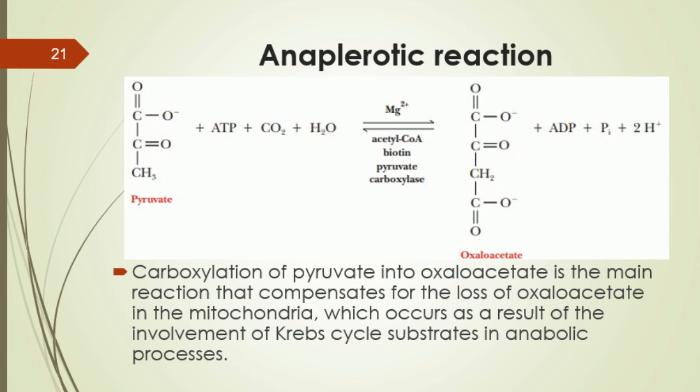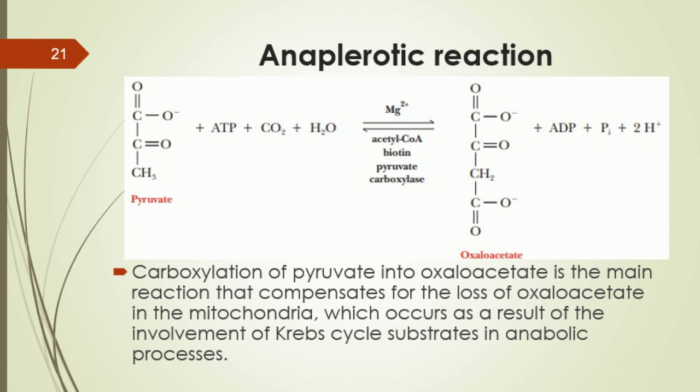The participation of the Krebs cycle in anabolic processes is due to the fact that some of its metabolites can be used to synthesize monomers, which are used in the building of complex molecules. Thus, oxaloacetate can be converted into the amino acid aspartate and alpha-ketoglutarate into glutamate. Succinyl-CoA participates in the synthesis of heme, a prosthetic group of hemoglobin and some other proteins.